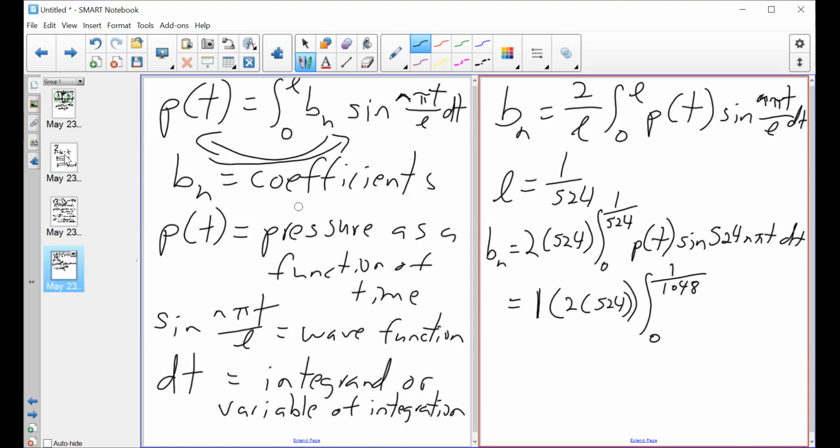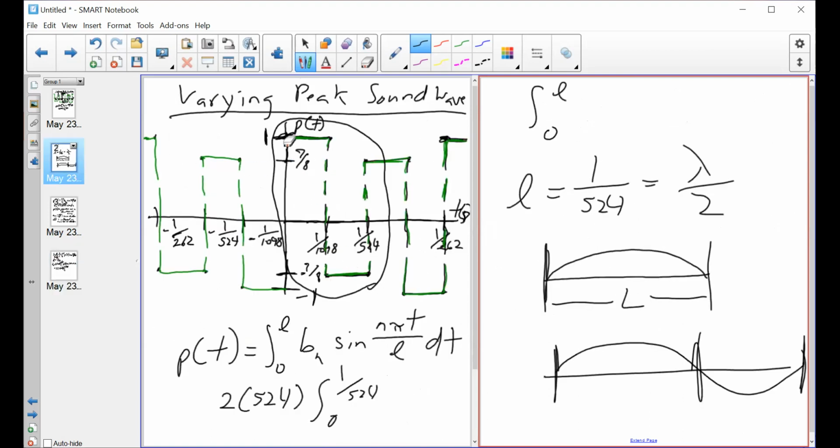Just to repeat, why is it 0 to 1 over 1048? Because the highest peak goes from 0 to 1 over 1048. And then at 1 over 1048 is the lower bound, which we will account for with this negative 7/8 here. It goes from 1 over 1048 to 1 over 524, and we have the full length of this sound wave.